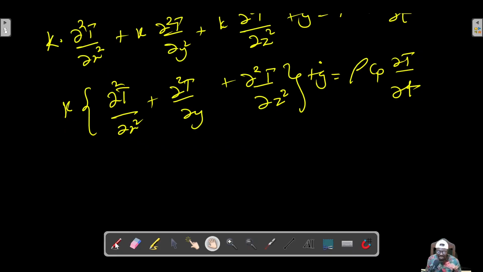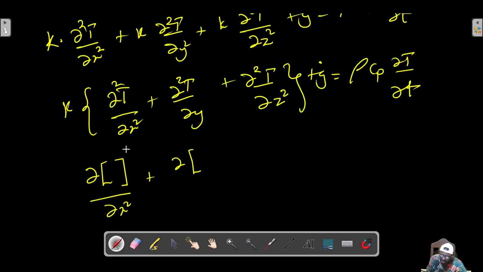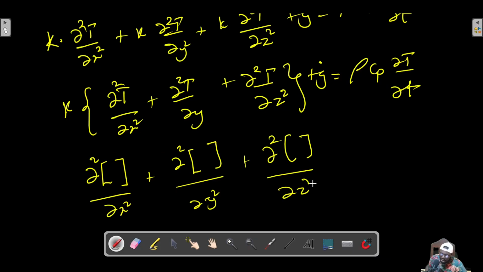So from here, what can I say? You remember in vector calculus that if you have the partial derivative of some particular quantity with respect to each coordinate, so del squared of this over del x squared, plus del squared of this over del y squared, plus del squared of this over del z squared, this is the same as saying the Laplacian of the quantity in the parentheses.